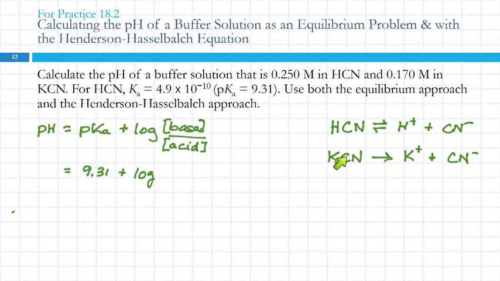So for the base, I use the concentration of KCN, 0.17. And for the acid, the concentration of the acid.